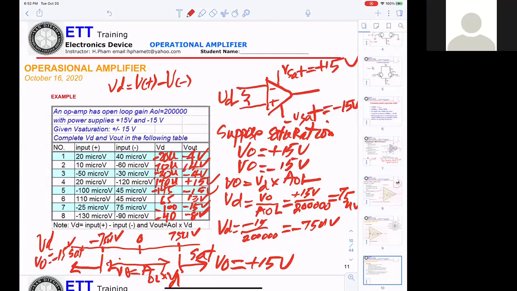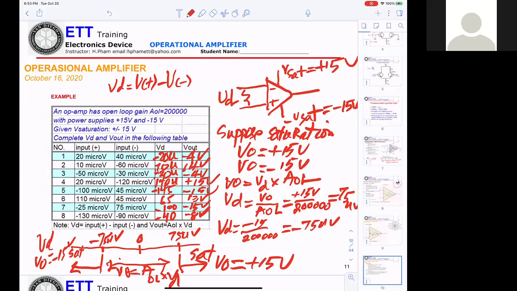VD is the difference between the positive input and negative input, the V at positive minus the V at negative. If you want to simulate it, you apply two power voltages, plus 15 and minus 15 volt, one for 20 microvolt and one for 40 microvolt.